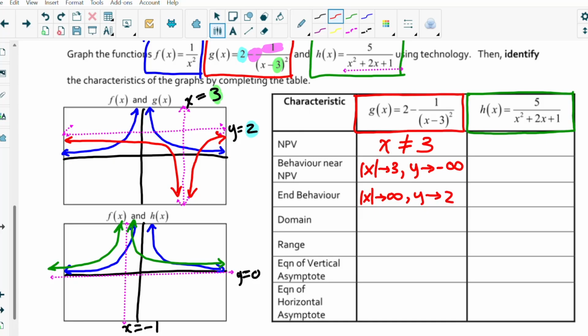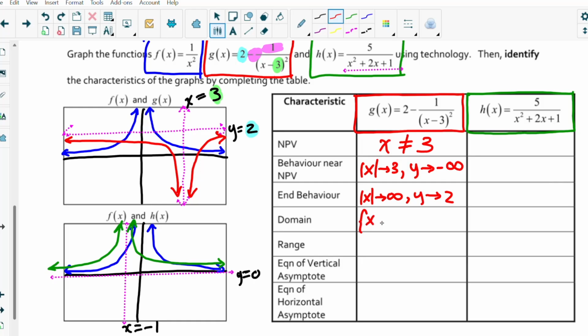Well, let's take a look. As x approaches infinity this way, the y values keep going up this way until it just approaches y equals 2. Okay, so that's that.